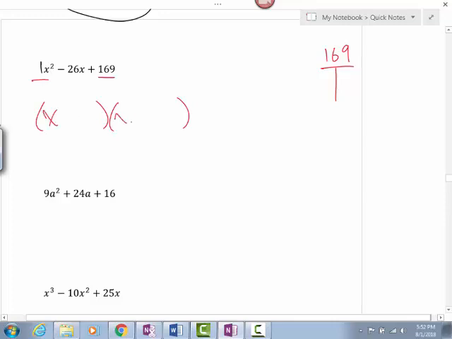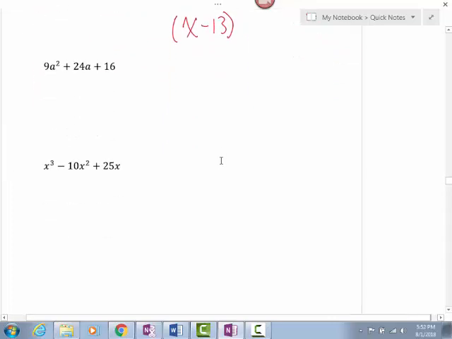Okay, x and x. So what two numbers multiply to 169? 169 is a perfect square. It's 13 and 13. If I make them both negative, if you notice, there's my negative 26. So minus 13 and minus 13. And again, I can just write it as x minus 13 squared, right?